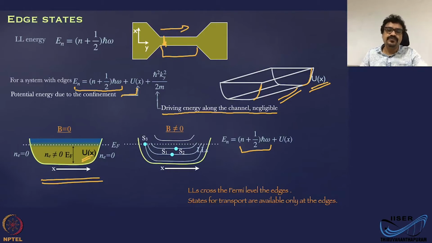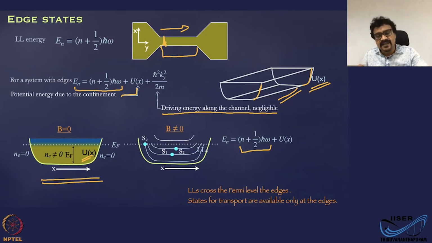So what we have now is, the moment you apply a magnetic field, the quantization will take over, but you also have the potential added to these quantized levels, the Landau levels, due to these edges.